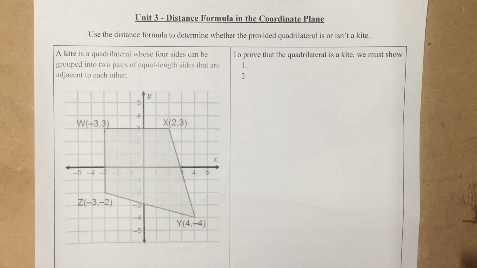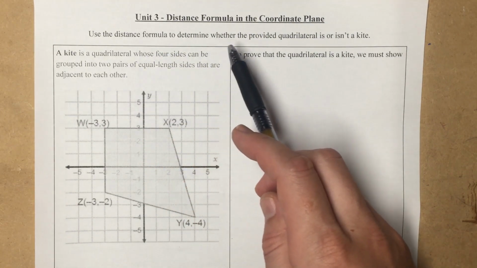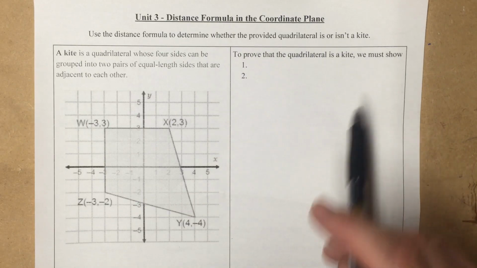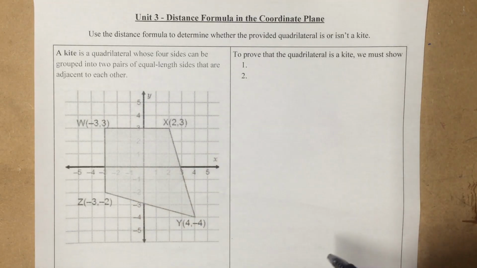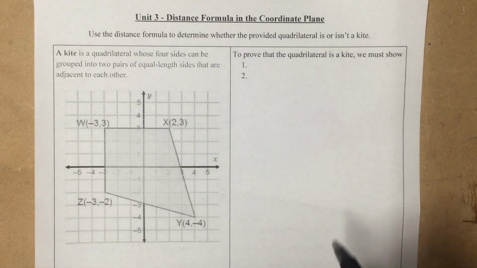What we're going to do in this problem is use the distance formula to determine whether the provided quadrilateral is or isn't a kite. I have a figure here in the coordinate plane, and we're going to determine whether or not this quadrilateral is a kite.